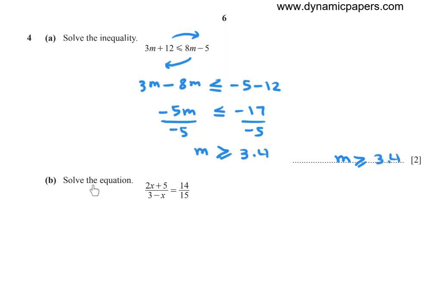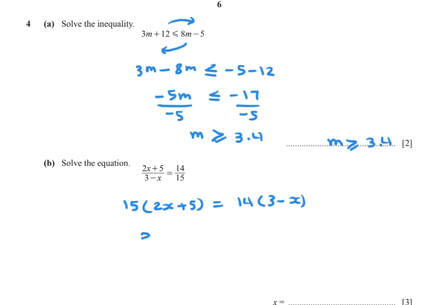For b, solve the equation (2x plus 5) over (3 minus x) equals 14 over 15. Cross multiply to solve. So 15 into (2x plus 5) equals 14 into (3 minus x). So 30x, because 15 times 2x is 30x, 15 times 5 is 75, equals 14 times 3, which is 42, 14 times negative x, which is negative 14x.